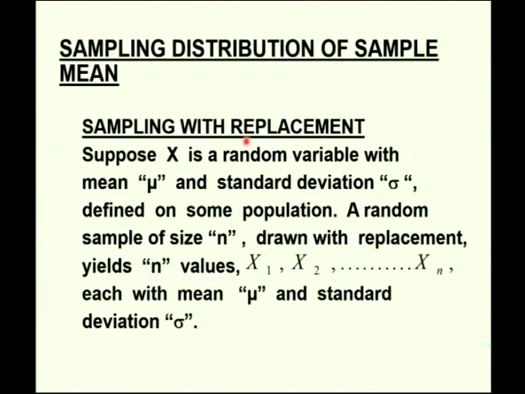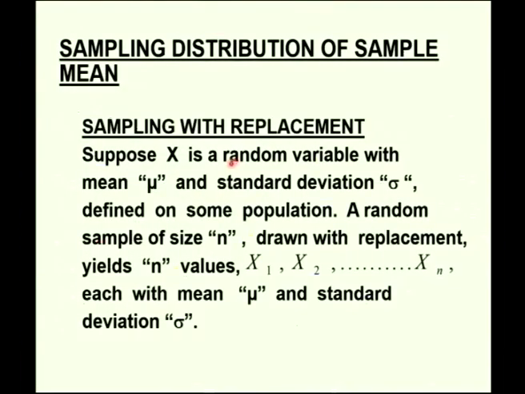Sampling distribution of a sample mean. The sampling distribution of a sample mean in the case of sampling with replacement, in the sense that when the sample is done on a random process, the sample items taken are replaced into the same sample for taking another item.